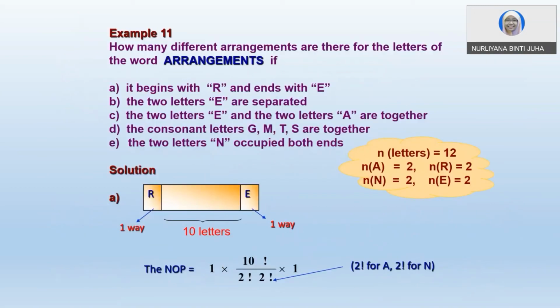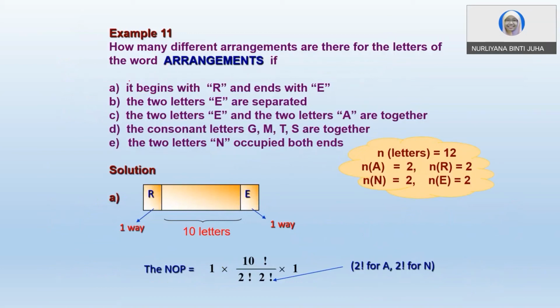Let's see example 11. Okay. Example 11, how many different arrangements are there for the letters of the word arrangements? So word arrangements ni sahaja ada berapa? Ada 12 huruf.